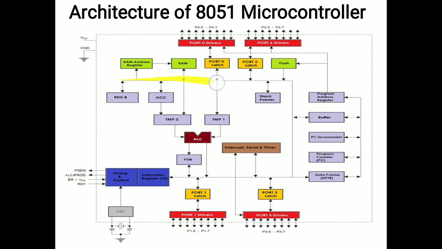So the CPU consists of these blocks: ALU, temporary registers, accumulator, and B register.